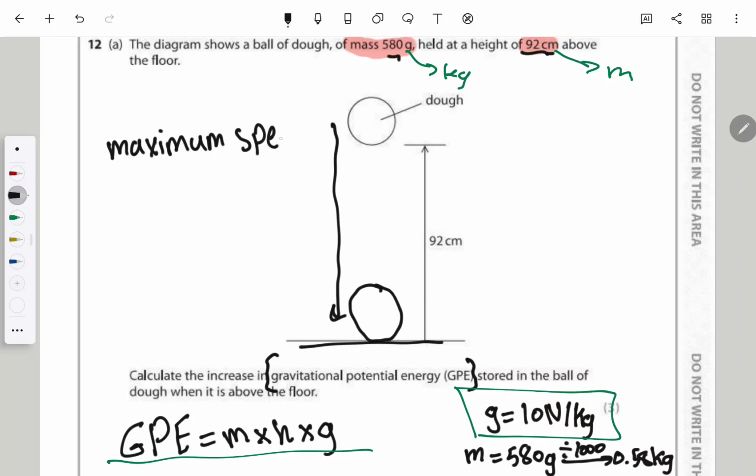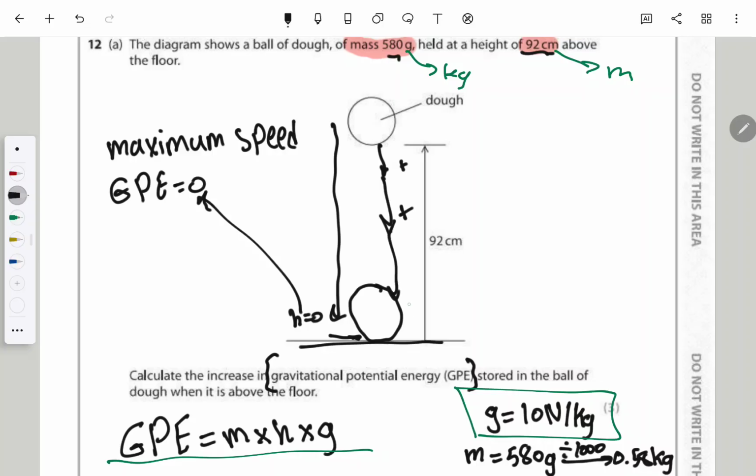Now because it was dropped down and it just reached the maximum speed, and the question emphasizes just before it hits the ground, you can assume that the gravitational potential energy becomes zero because there is no height. You're literally almost touching the ground. Your height is zero. Therefore, your gravitational potential energy is zero. But what also happens here, when you drop something, at first it's not moving, and then suddenly it's a bit faster, suddenly it's faster, suddenly it reaches the fastest point when it's about to hit the ground.